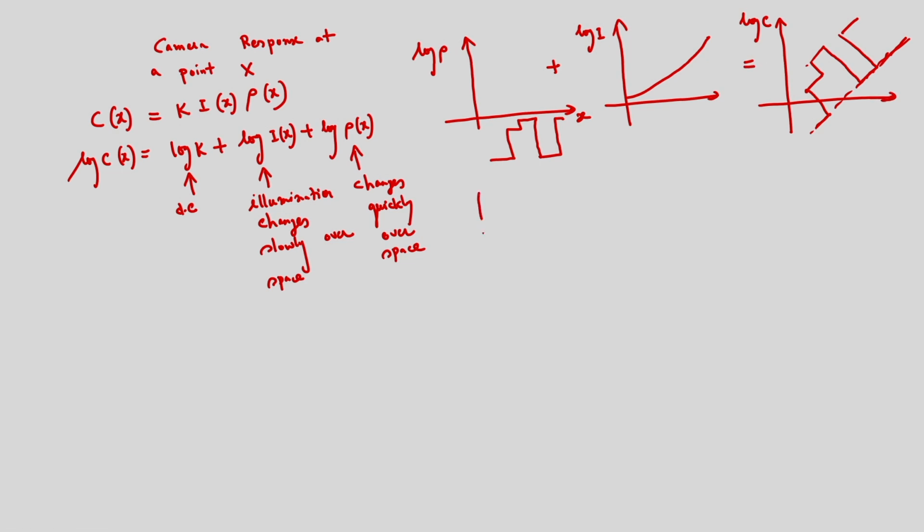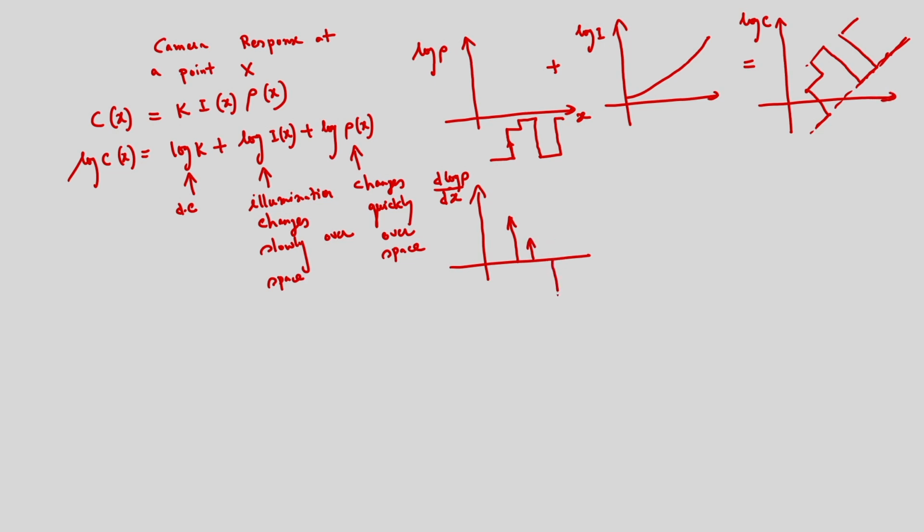If I take the differentiation of this, that is d log rho divided by dx, what will I be getting? Corresponding to the first jump, I have the differentiation. Next, another jump is there.